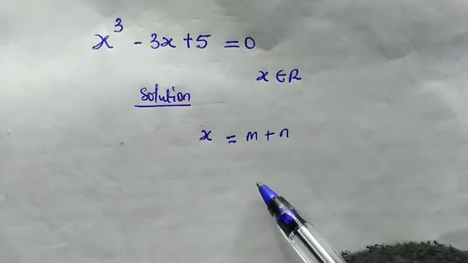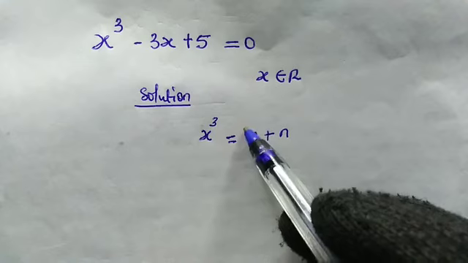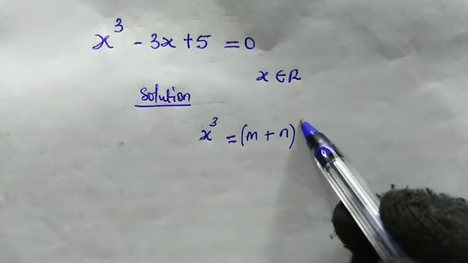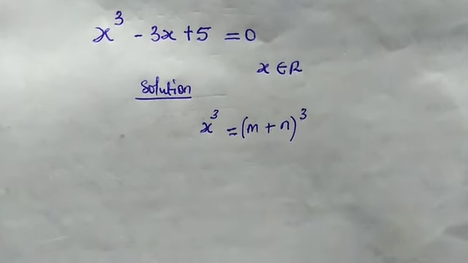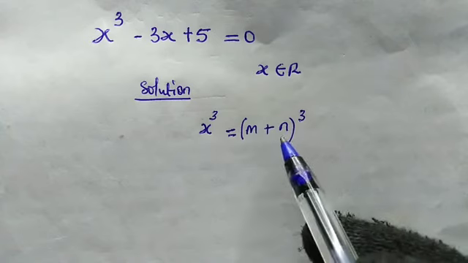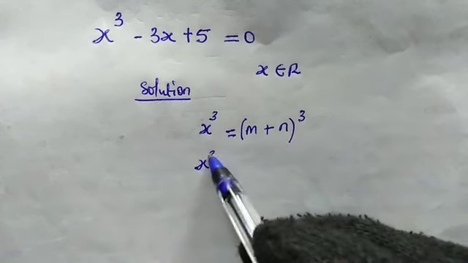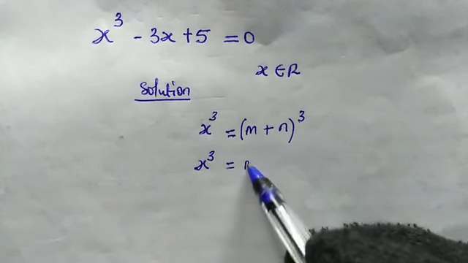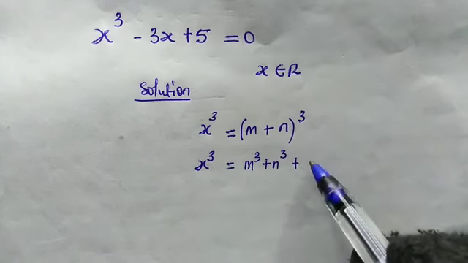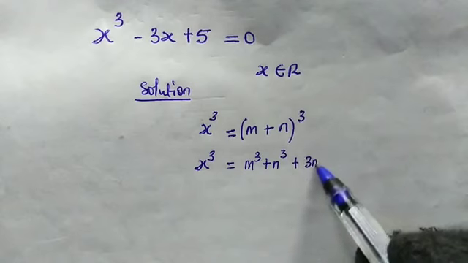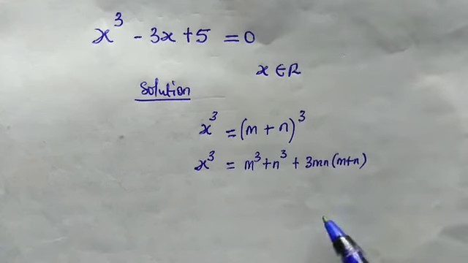Now let's go ahead and cube both sides. The idea of this is to make sure you have something we can compare with the given cubic equation. And we are very familiar with the expansion of this binomial here. We have x cubed equals m cubed plus n cubed plus 3mn into brackets m plus n, right?